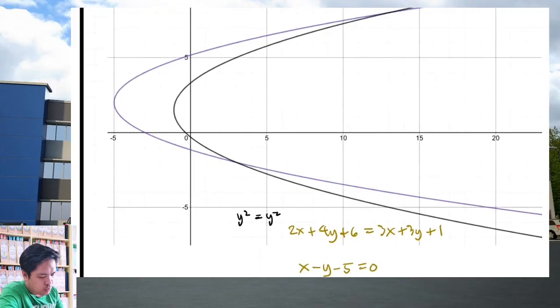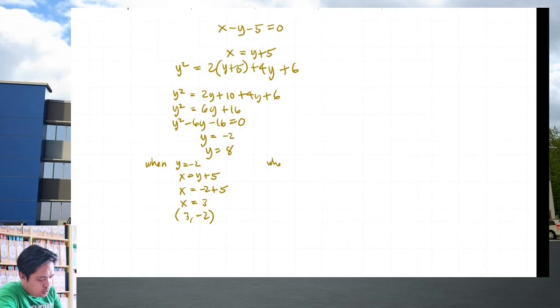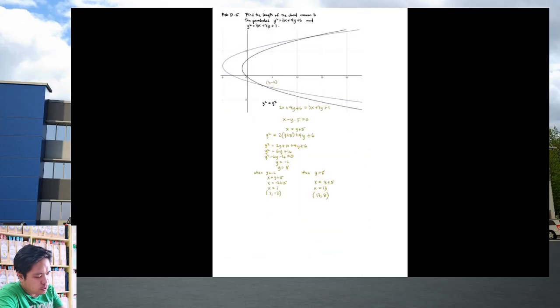So that would be this point. And the other point of intersection is when y is equal to 8. So we'll have x is equal to 8 plus 5, so x is equal to 13. So we also have another point of intersection, (13, 8). So that would be this point.